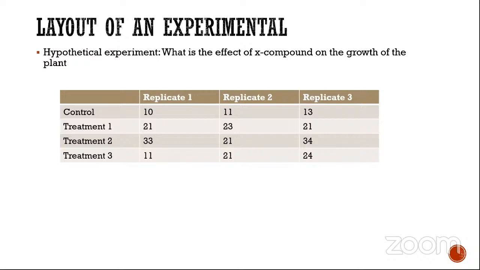So how does ANOVA measure the difference between the control and the treatment? First it measures the variation between the replicates. There should not be any variation here because all the replicates are under the same treatment level. We have not added any X compound here. Suppose this is a pot experiment.